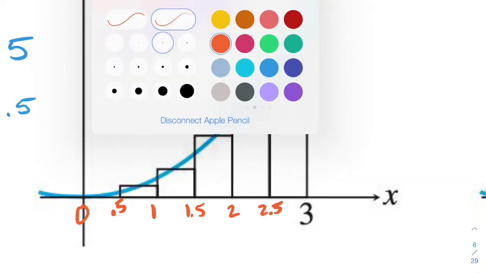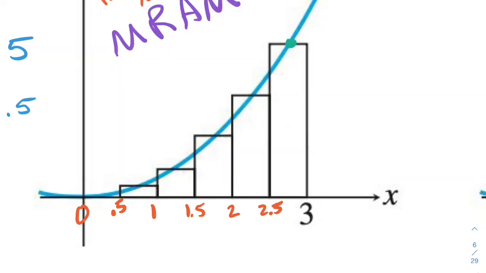Well, where's the middle? Okay, so this is at 2.75. And this middle is at 2.25 and 1.75 and 1.25 and 0.75 and 0.25.